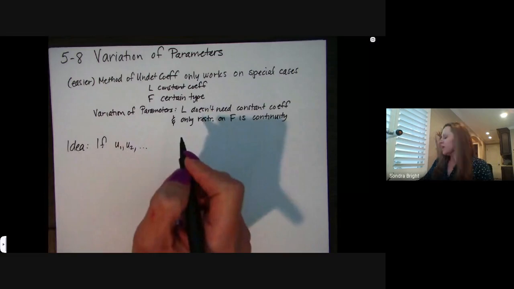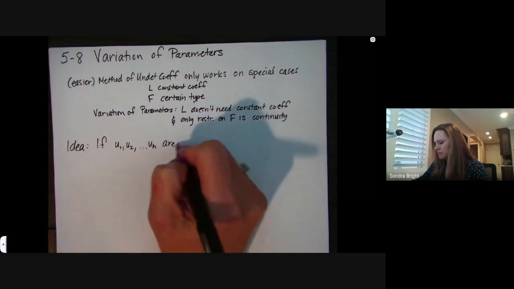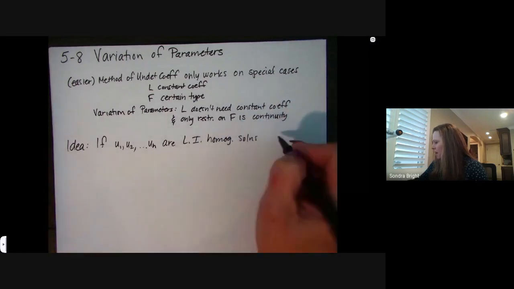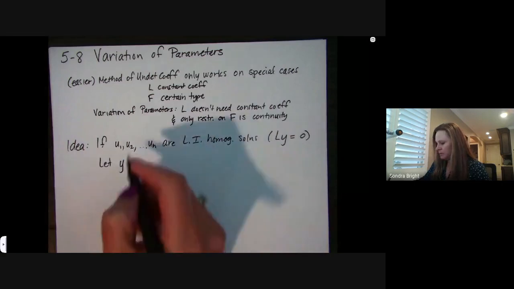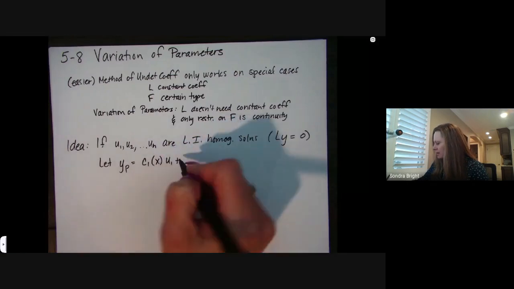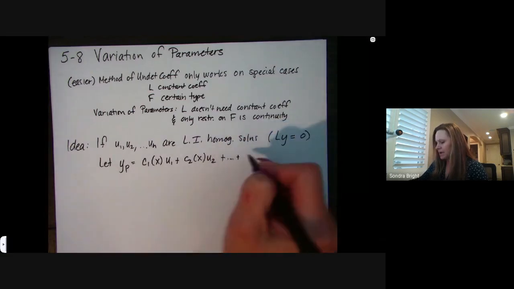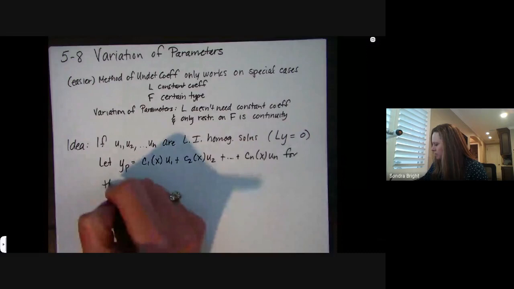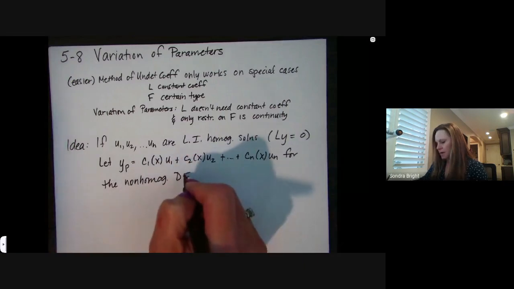If U1 through UN are linearly independent homogeneous solutions to L operating on Y is equal to 0, then we're going to let the particular solution be some function of X times U1 plus some function of X times U2, all the way through some function of X times UN, for the non-homogeneous differential equation L operating on Y is equal to F.